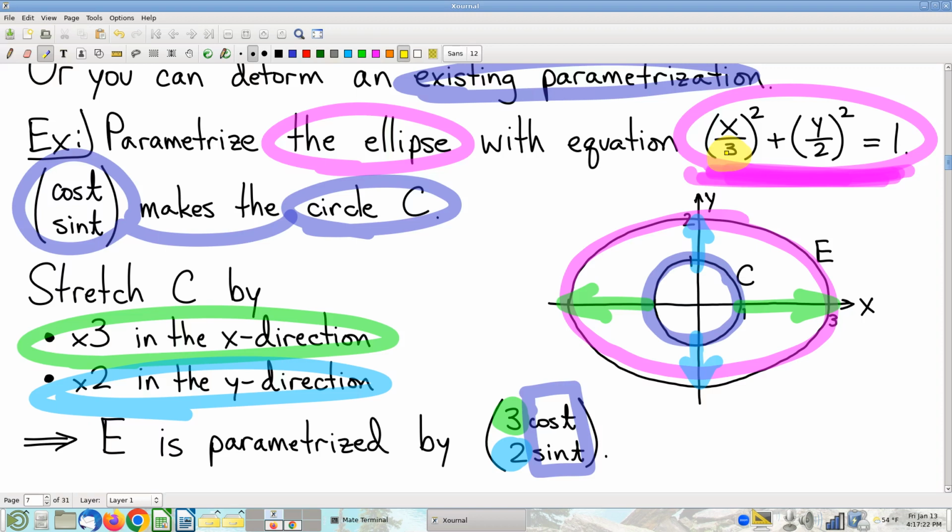But that number 3 effectively is why this, what do they call it, semi-major axis or something, is 3. That semi-major axis being 3 is why I have to stretch by a factor of 3, because the unit circle has a semi-major axis of just 1, and so it needs to be stretched 3 times. Does that make sense? Yeah. Okay. All right.